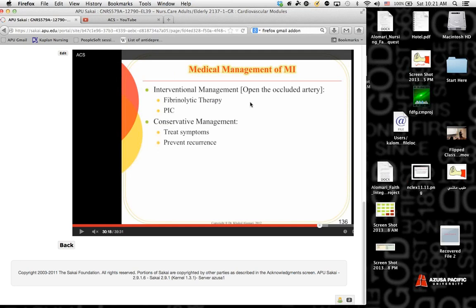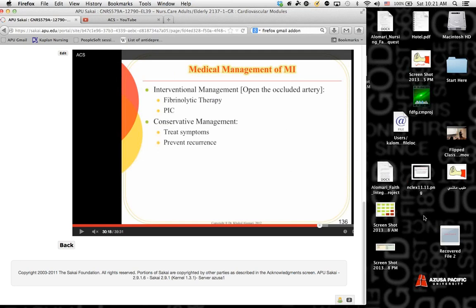TPA is only indicated for ST elevation MI only. It must be MI confirmed by elevation in troponin, and it must be an ST elevation in ECG. Other than that, if there's no ST elevation or if the troponin is not high, TPA is not indicated.